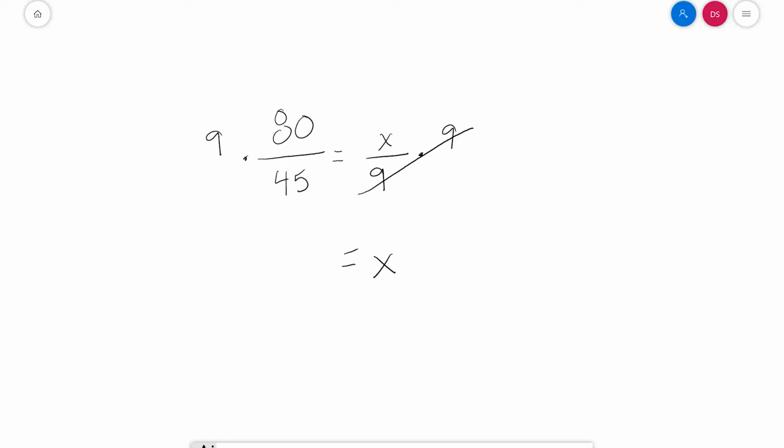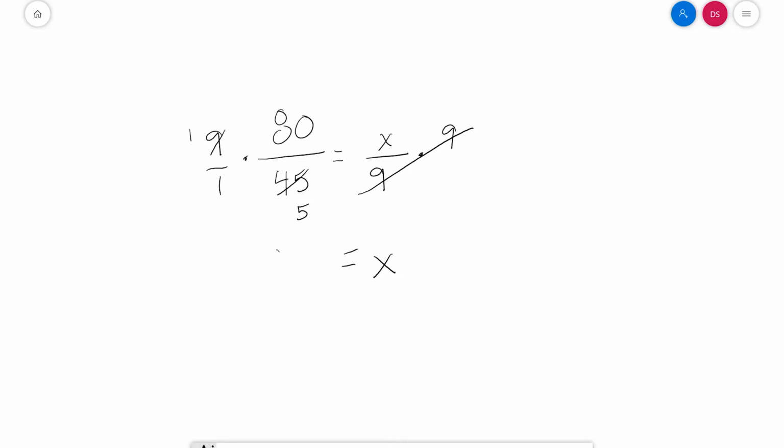You could multiply 80 times 9 and get 720 over 45. But you might remember, I'm always looking for the shortcut, the easier thing. In my mind, it's easier to cross-reduce. And so I end up with 80 over 5, which you might remember is how it worked out in the other method.